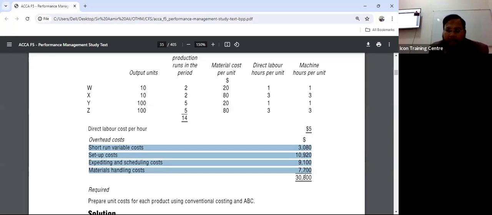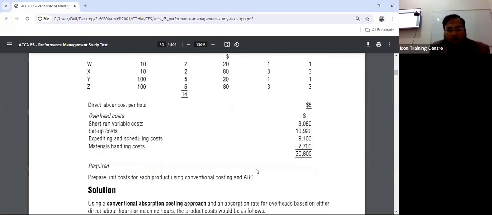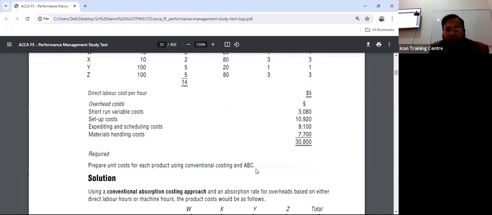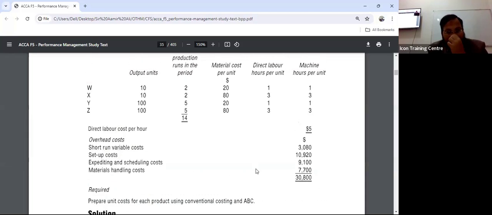And the total overhead is 30,800, right? It is given in the question. Now he says to prepare unit cost for each product using conventional costing and ABC. So we need to look into the detail of how we can handle this by using ABC.